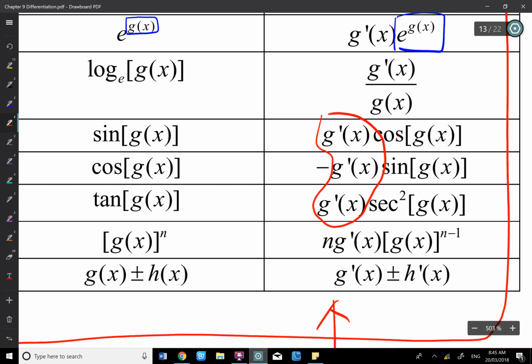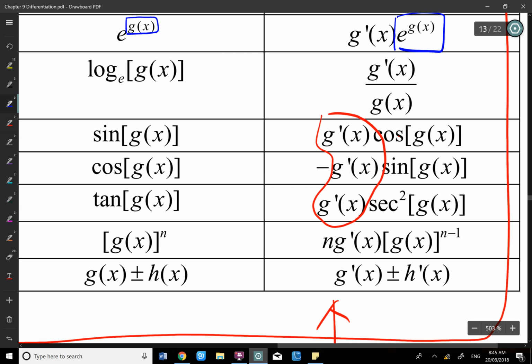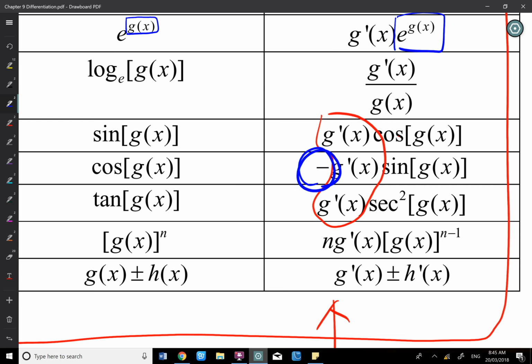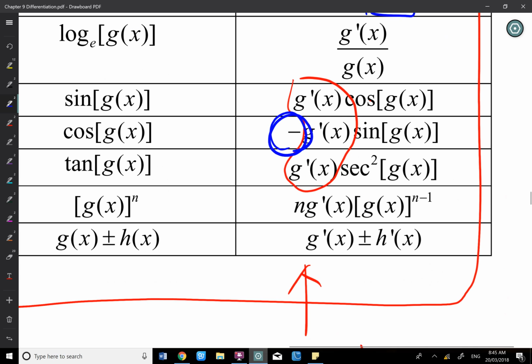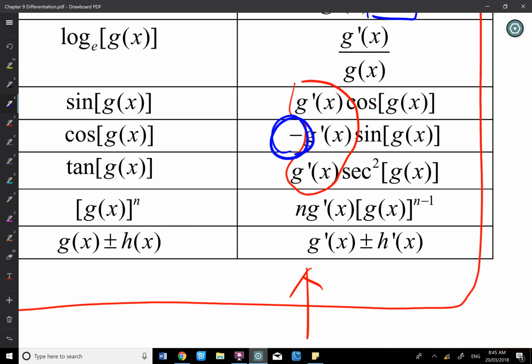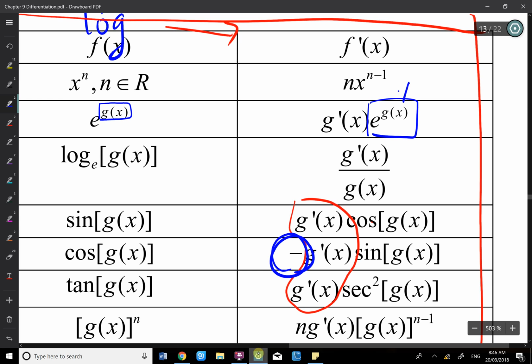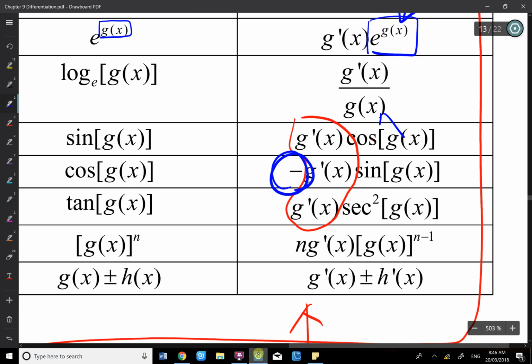Sine will become cosine, but cosine will become negative sine, so you can see there's a negative here. We derive the inside; sine becomes cosine, cosine becomes negative sine, and you still have the g of x. For exponential, we still have the g of x. For log, we still have the g of x. For all the circular functions, we still have g of x inserted into the function.